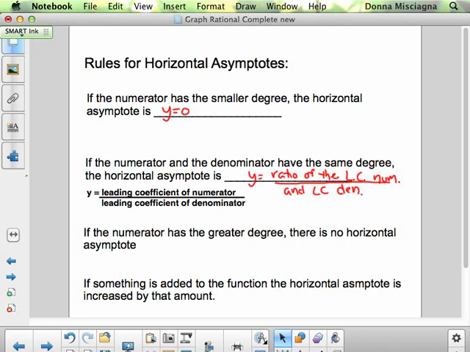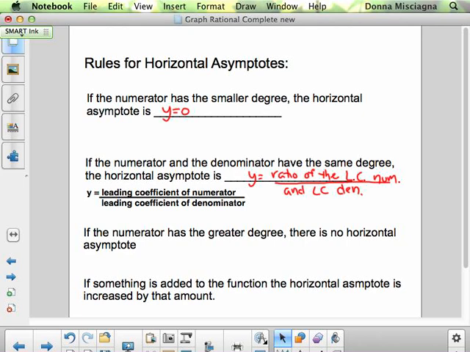They're like running a race and they're tying each other. So it's going to be the ratio of those coefficients. Below, you have y equals the leading coefficient of the numerator over the leading coefficient of the denominator. Of course, that is the coefficient on the term with the largest exponent.